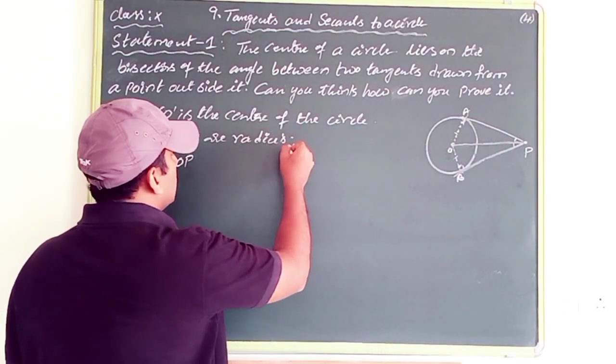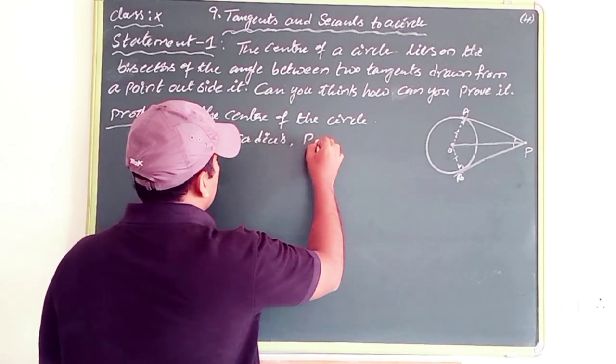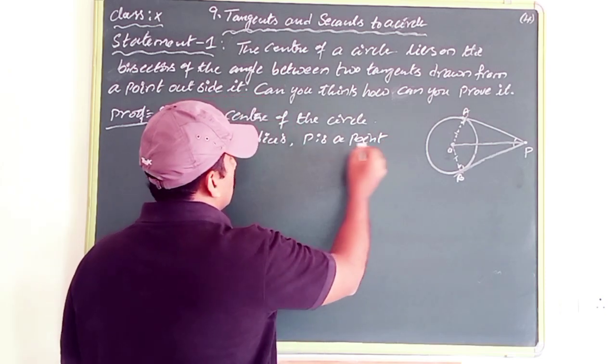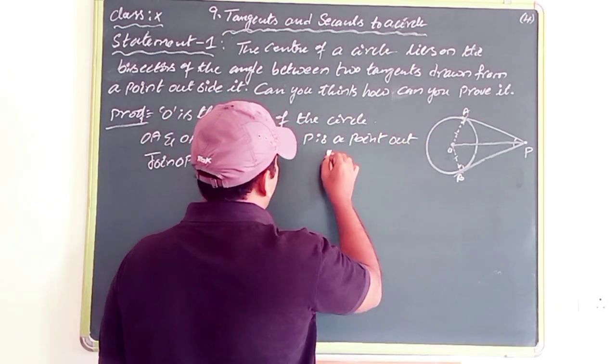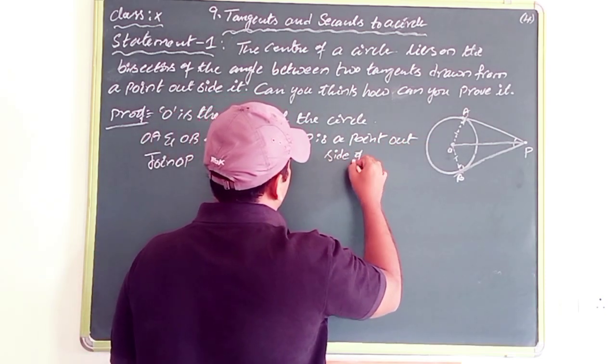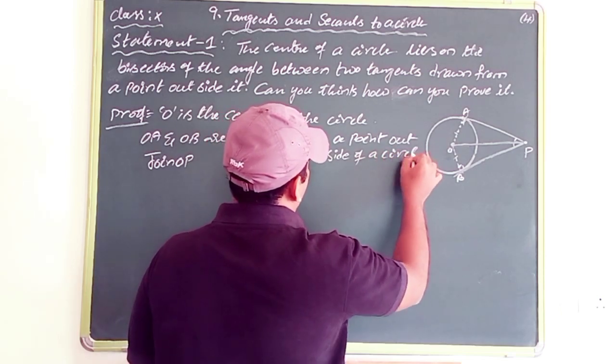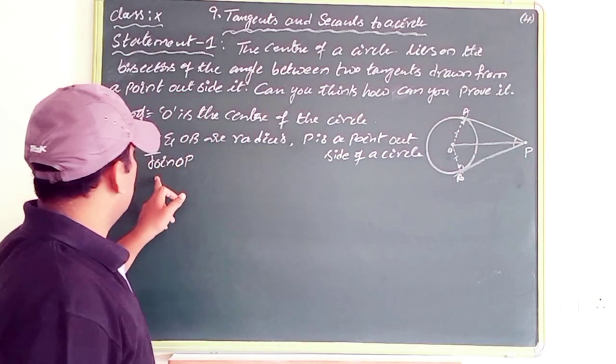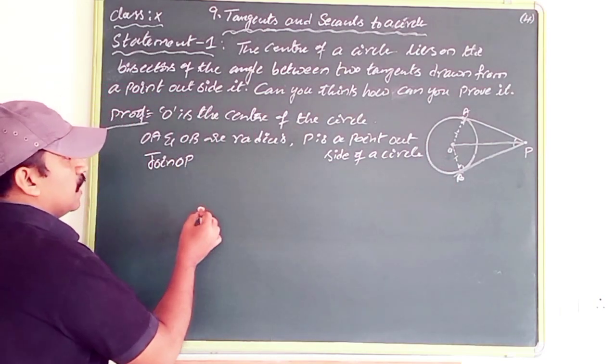So what is P here? P is a point outside of a circle. Now join OP. So what do we get?